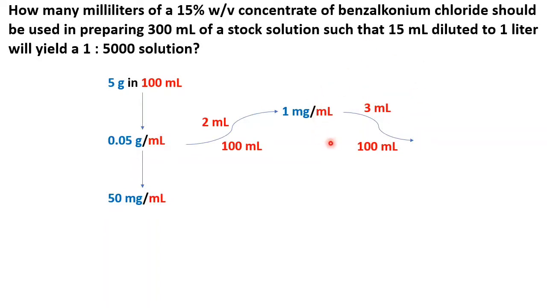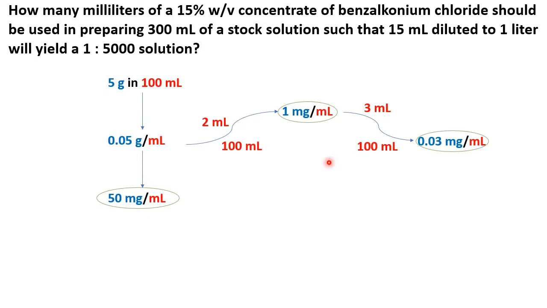So the resultant solution would contain 3 milligrams in each 100 milliliters, or 0.03 milligrams per milliliter. So we started with 50 milligrams per milliliter, then diluted it to 1 milligram per milliliter, and then diluted it again to 0.03 milligrams per milliliter.